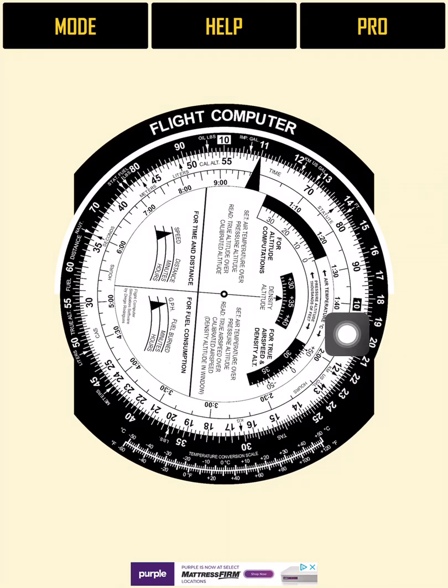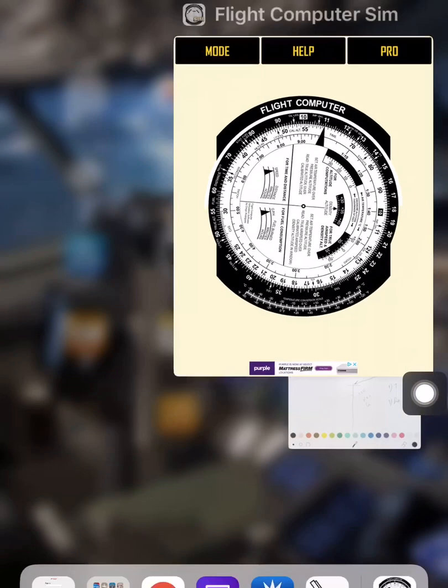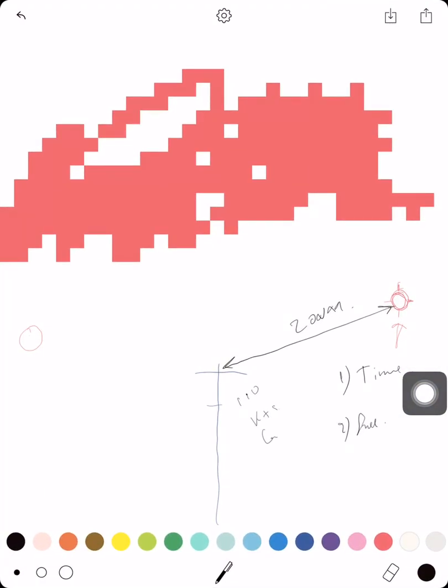It's almost 10, about 10.9 minutes. Let's say 11 minutes. It's going to take us 11 minutes to get to our destination. So we know now our timing is 11 minutes.